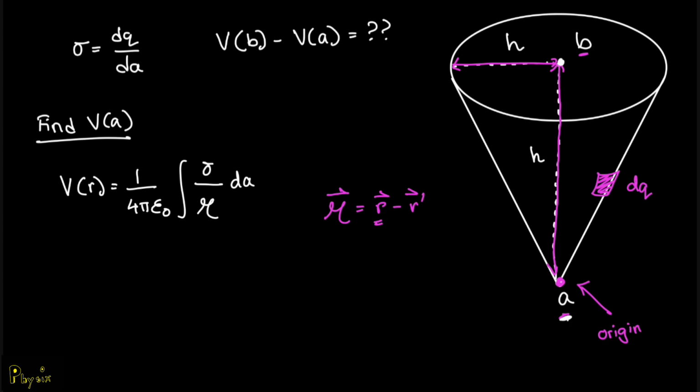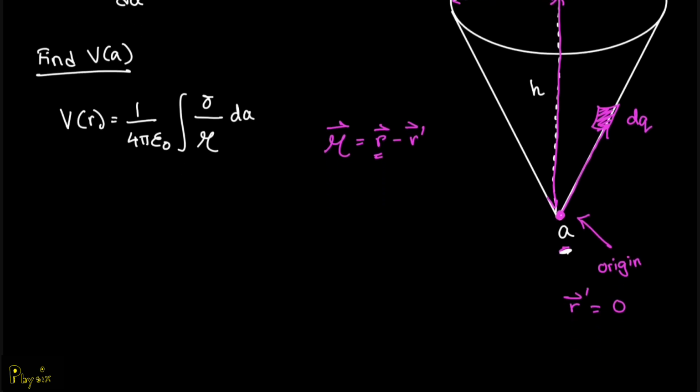So in this case r is basically 0, because I am situated at the origin, and now my r prime vector points to my dq. It points to the direction where my infinitesimal charge is. So we basically have to find out what r prime is.